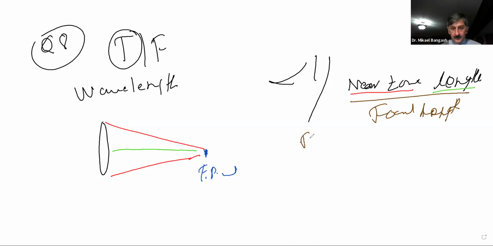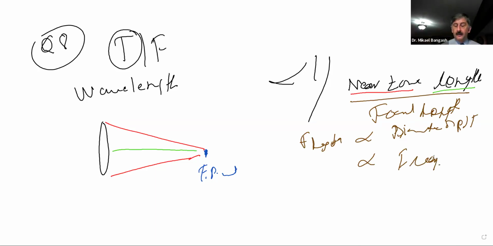Now we know this focal length or focal depth was directly proportional to the diameter of PCT, and, I'm sorry, not diameter, frequency of transducer. And some of you are going to say, but in this equation, does it talk about wavelength? Maybe not directly, but indirectly it does.